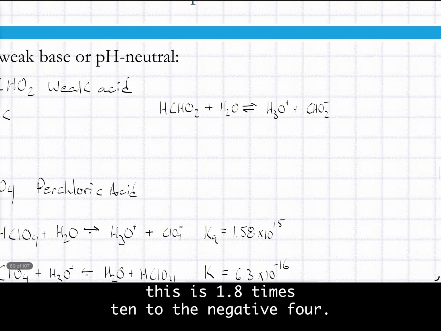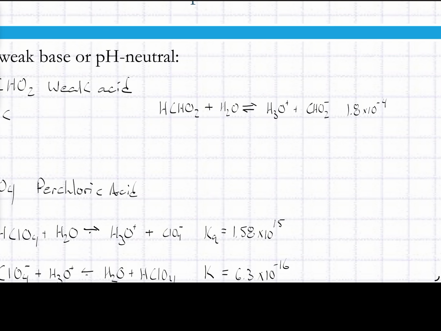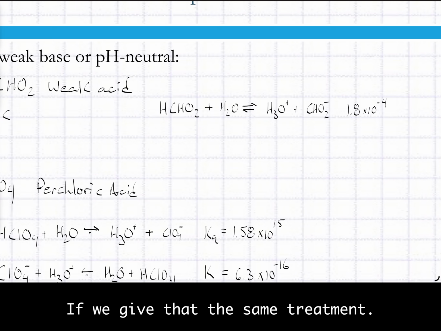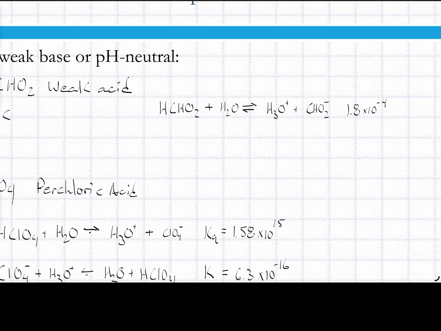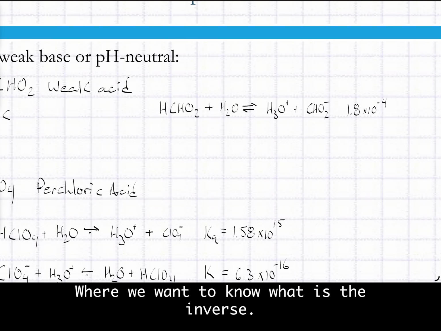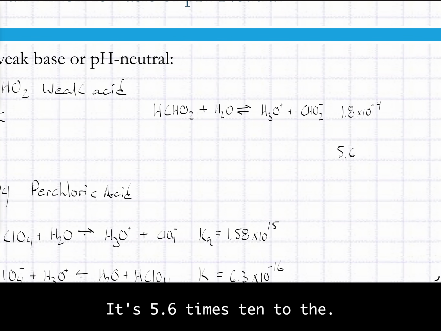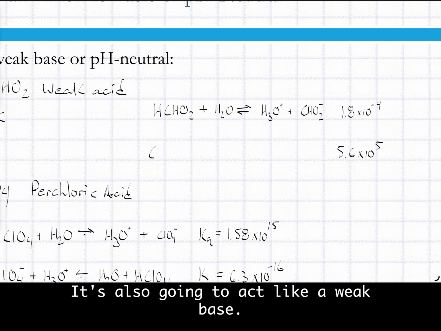The Ka for this is 1.8 times 10 to the -4. If we give that the same treatment, we want to know what is the inverse. It's 5.6 times 10 to the +5. Which, it's a weak acid. It's also going to act like a weak base.